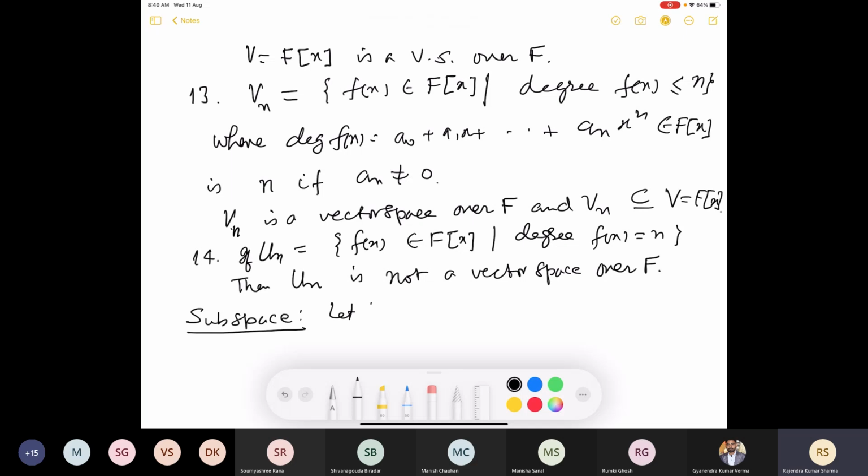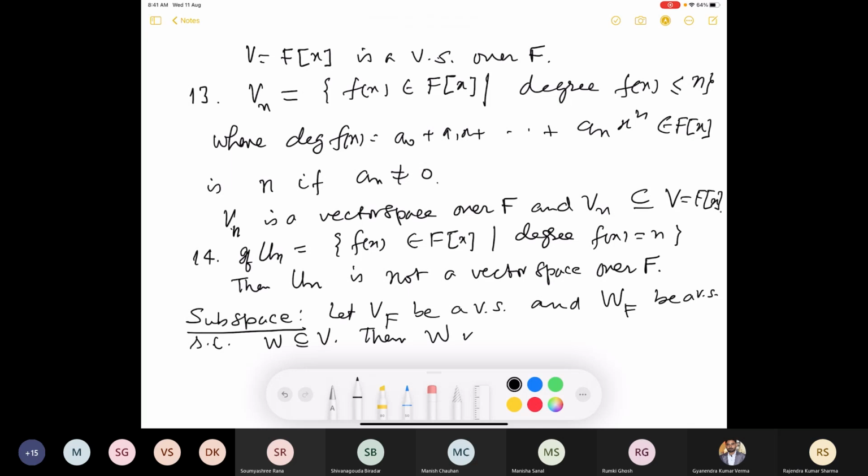So let us take V over F to be a vector space, and let W also be a vector space, such that W is contained in V. In that case, W is called a subspace or vector subspace of V.